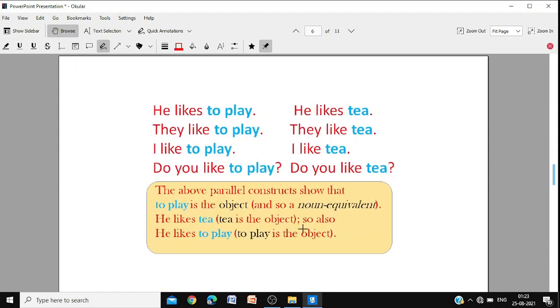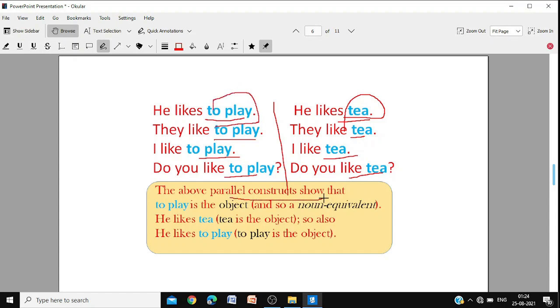He likes to play. He likes tea. Compare. They like to play. They like tea. Compare these two sentences. These are parallel constructs. I like to play. I like tea. Do you like to play? Do you like tea? So comparing these, we can say, just as tea is the object, to play is also the object.